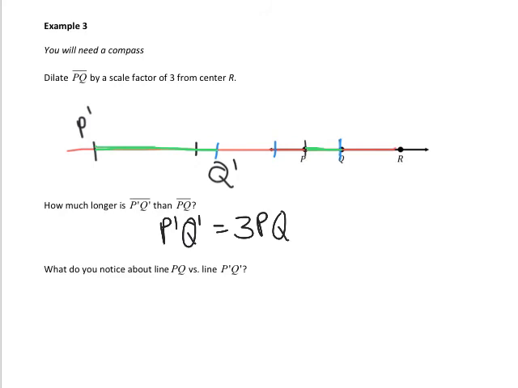Now, what do you notice about line PQ versus line P prime Q prime? Well, if you look at it, they're all on the same line. So, dilating a line when the center is on the line doesn't change anything. It's the same line. So they are all collinear. We can write they share the same line, or they are collinear.